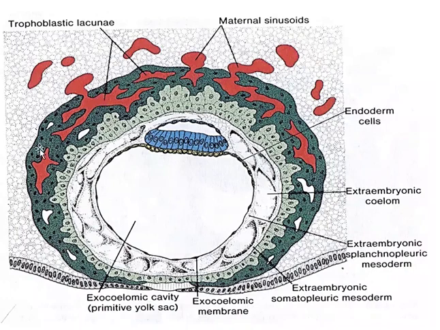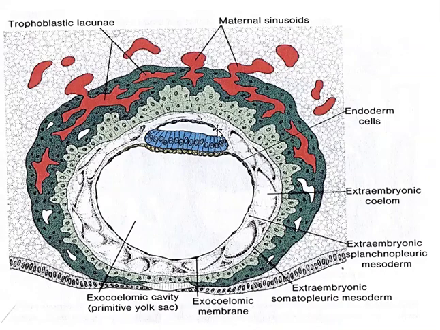Here in dark green is the syncytial trophoblast, in light green the cytotrophoblast, and here we have the exocoelomic membrane or Heuser's membrane, and here we have the hypoblast, epiblast, and amnioblast over there.